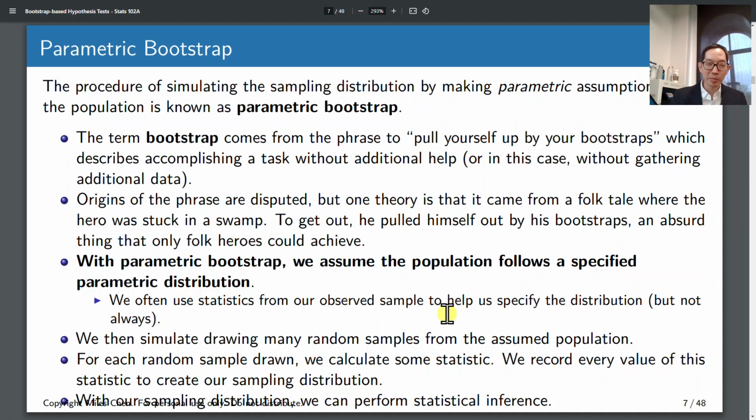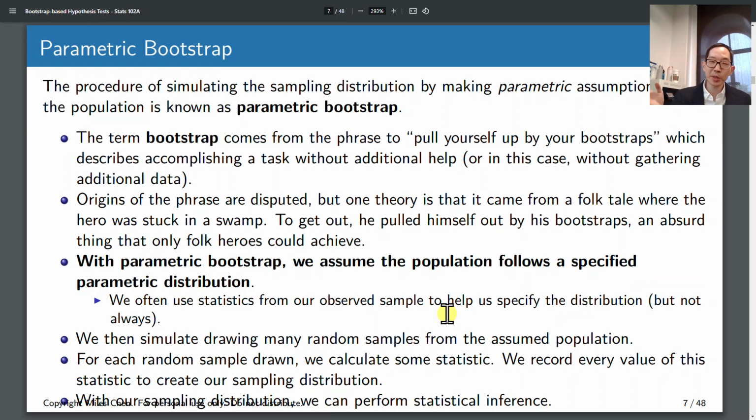With parametric bootstrap, we make parametric assumptions about the population. We assume the population follows some specified parametric distribution. Maybe we say the population follows a normal distribution, or a uniform distribution, or this distribution. We make assumptions about that.